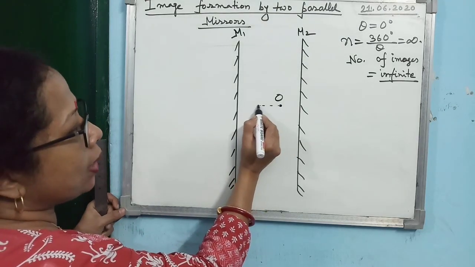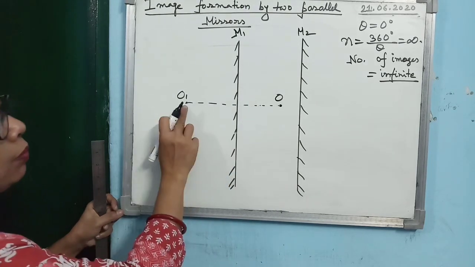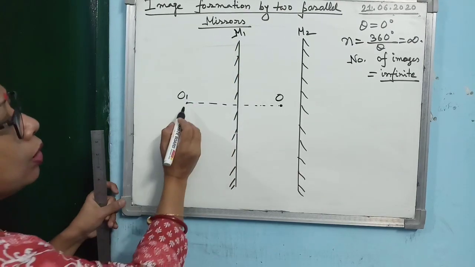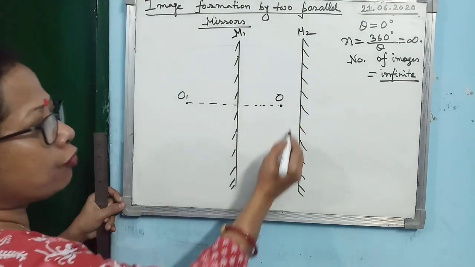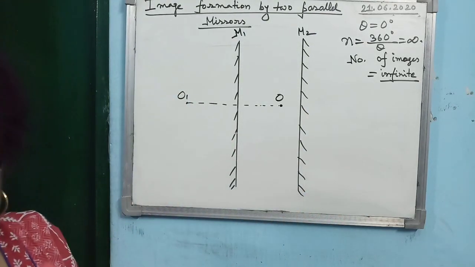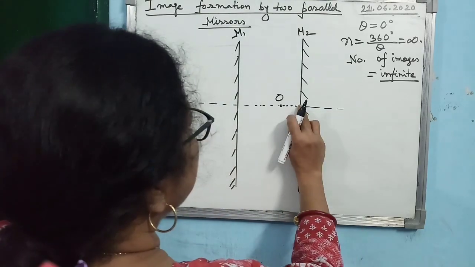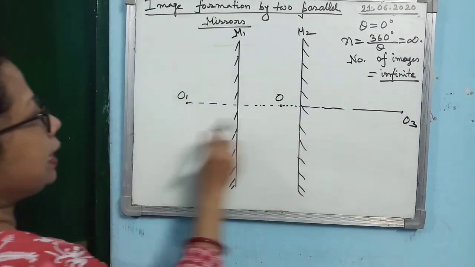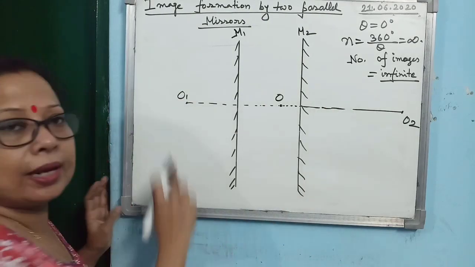At an equal distance, one image O1 will be formed behind the mirror M1. Now O1 is behind M1, but in front of M2, so another image will be formed, O2. O2 is the image of O1.